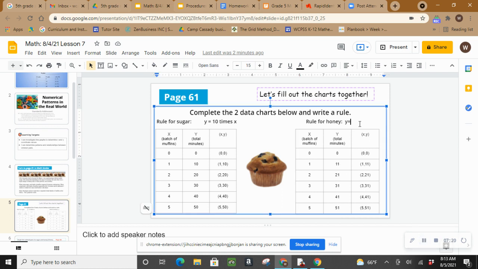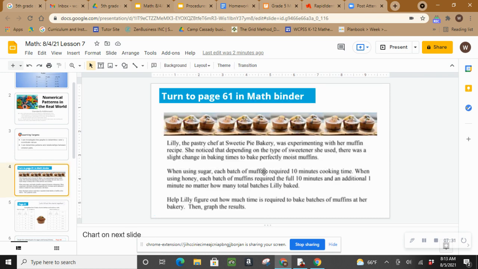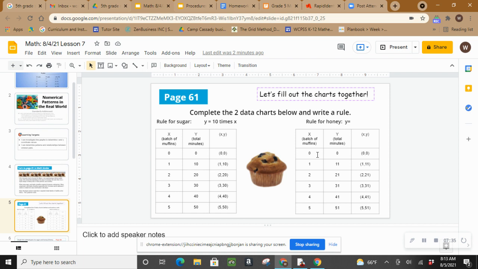All right, so now the rule. Remember last time the rule was y equals 10 times x. So this one, we got 10 minutes and an additional 1. So y equals, so 1 to 11.